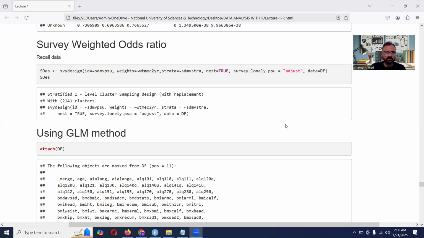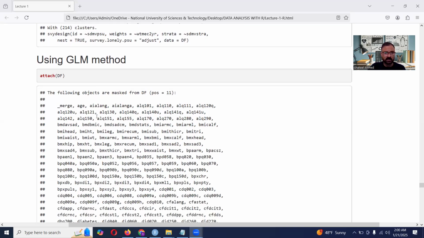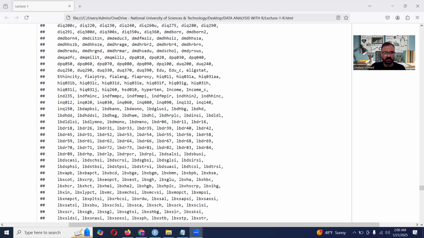So here we have the survey design function, as we obtained it from the weight, the primary sampling unit, and the stratification variable from the National Health and Nutrition Examination Survey 2005 to 2018. These are the design information, and we have data on all these variables.